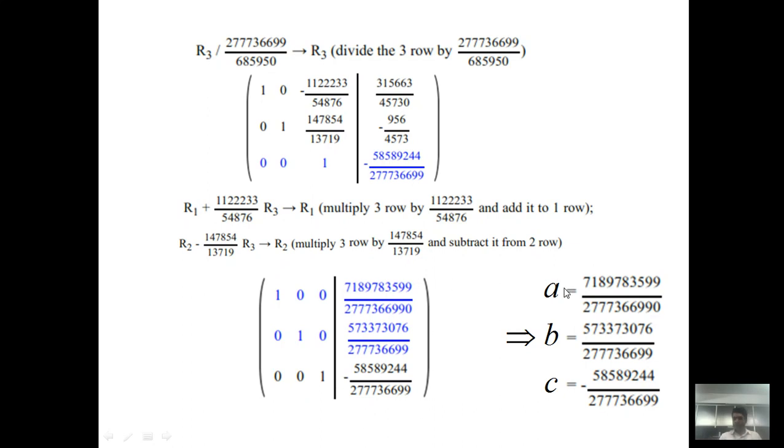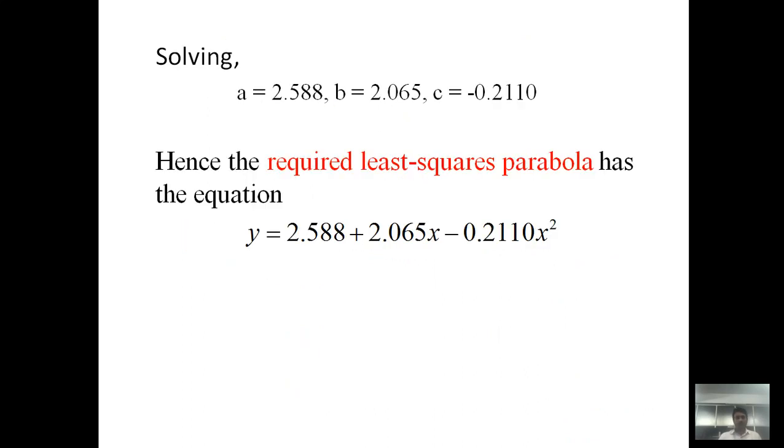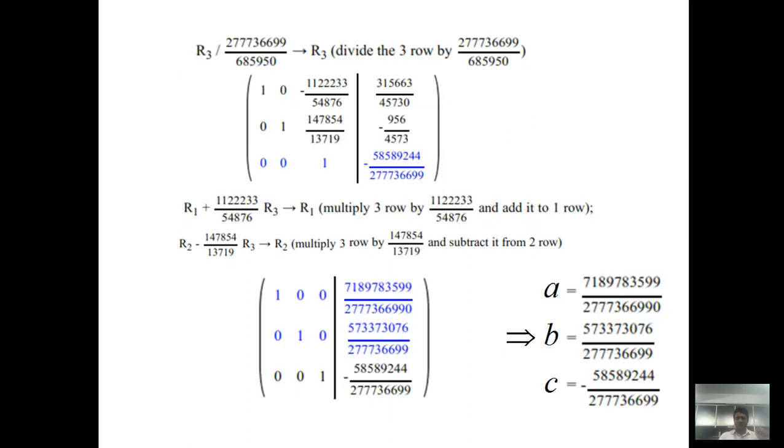So we get the value of A as 718978359 upon 27773666990. Similarly, these are the values of B, and C is negative. So we have to get the values of A, B, and C. Now for simplicity, because it's a very complex form, we write down the fraction form.